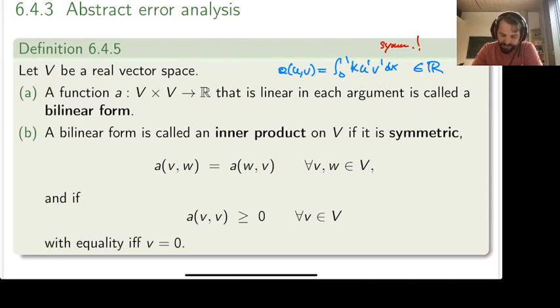And the second condition is that if I stick in twice the same argument, so if I stick in v' twice, then the result is greater or equal to 0 for all v, and 0 only for the function 0. And this we have already checked in the proof of existence and uniqueness.